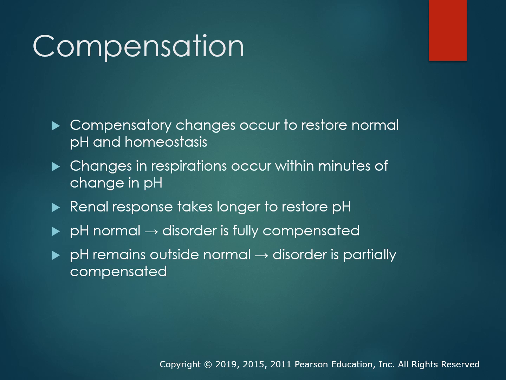In metabolic alkalosis, this is a bicarbonate excess, rate and depth of respirations decrease and CO2 is retained. So the pH will increase, the bicarb will increase, and the CO2 will start to increase. Respiratory acidosis, you have retained CO2 and excess carbonic acid.